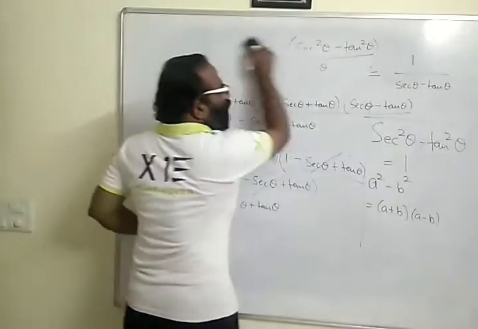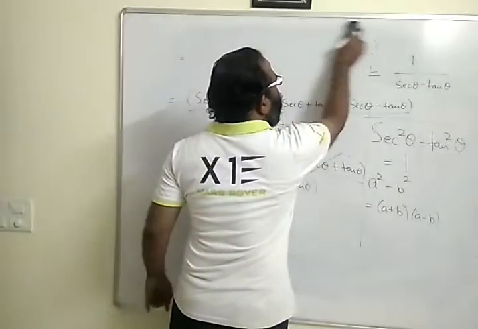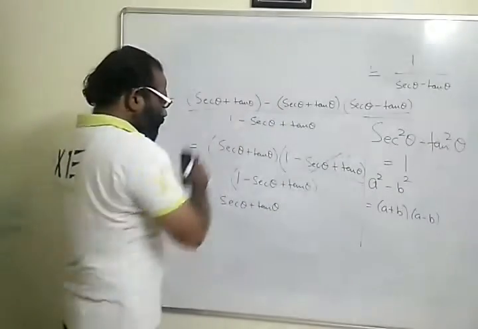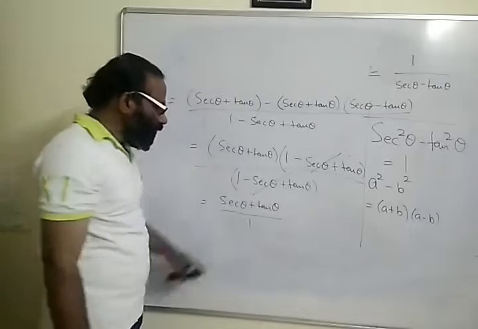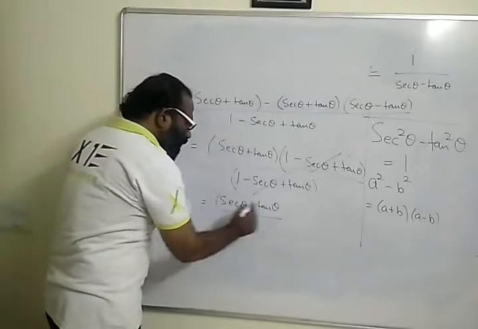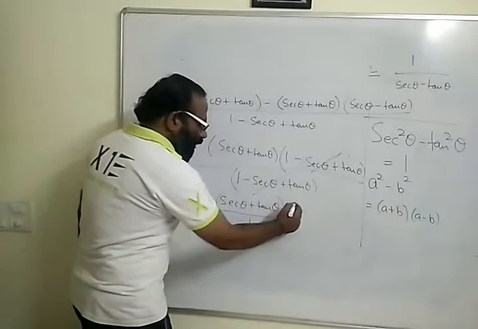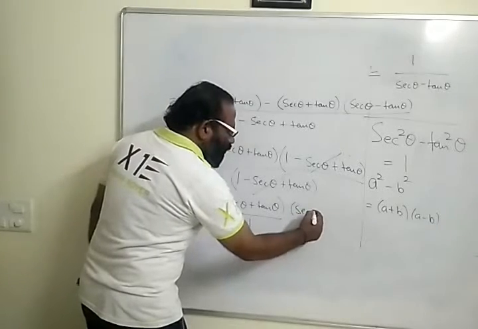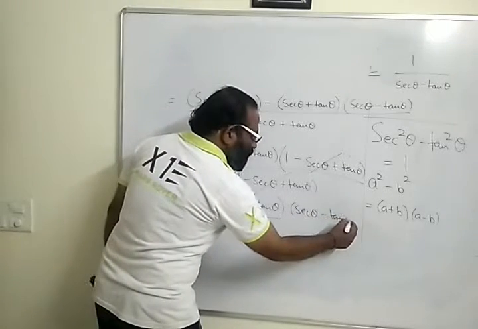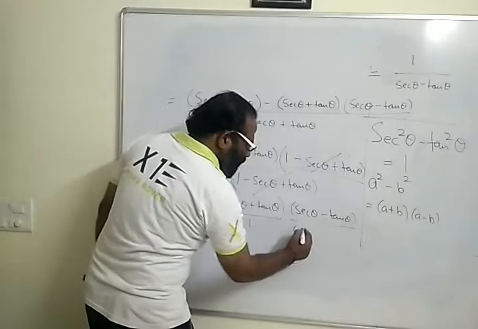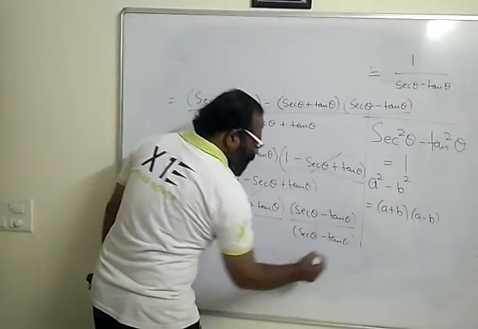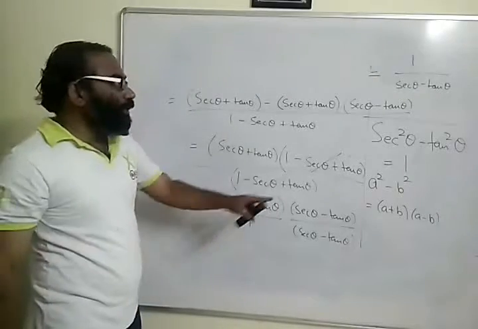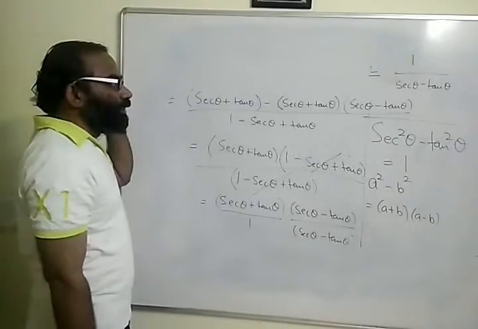But what do I require? I require on the right hand side 1 by secant theta minus tan theta. So what can I do? This is of the form secant theta plus tan theta by 1, right? So I can multiply the numerator and the denominator both by secant theta minus tan theta.